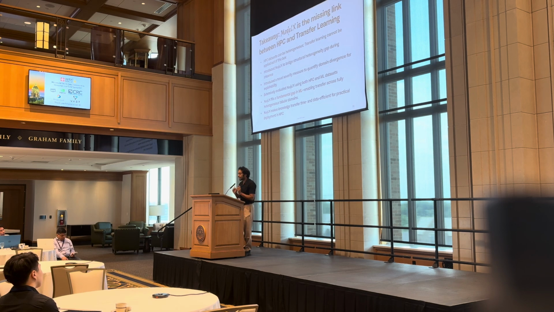So I would like to leave you with two key points. Model X fills a core gap in machine learning. It enables transfer learning across fully heterogeneous tabular domains, but that's not it. It's more about making machine learning practical and usable for high performance computing.